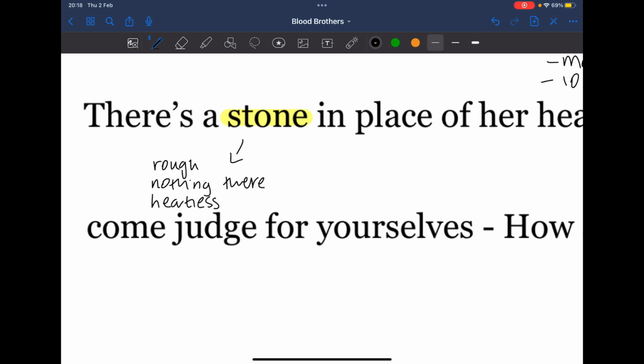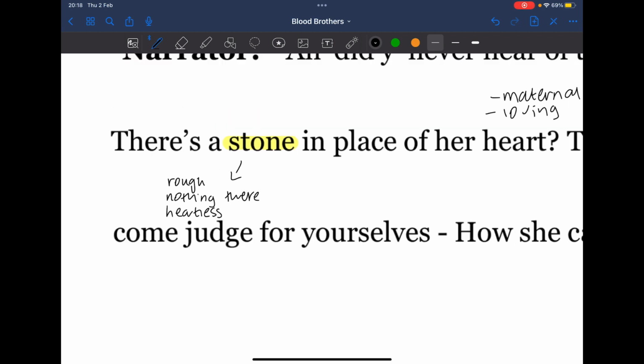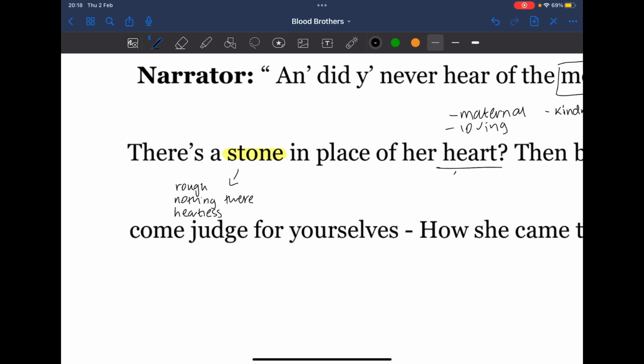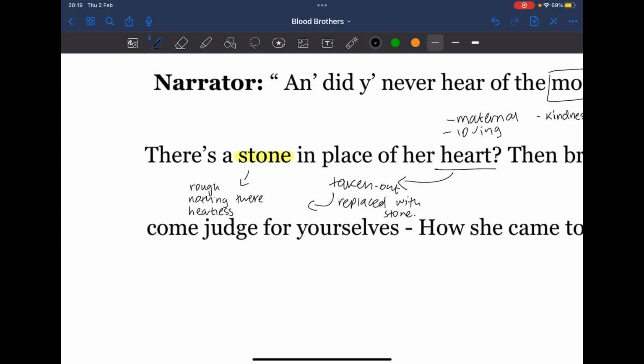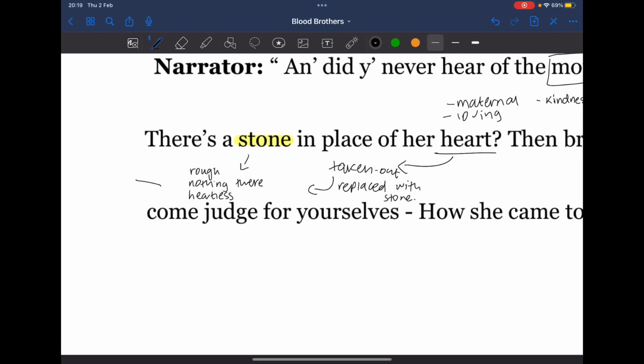Because essentially what the author is saying here is that her heart has been taken out and been replaced with a stone. So, if the author is writing that her heart has been taken out, then that can bring up the word, for example, heartless.